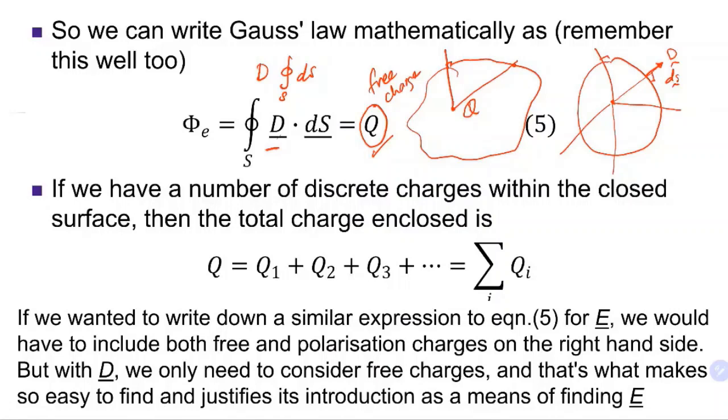If you want to do the same for the electric field, it becomes more complex because the electric field depends on both the free charge and the polarizing charge. Therefore you have to do a superposition between the two, and it becomes more difficult to solve. That is the reason why we introduced D in the first place.